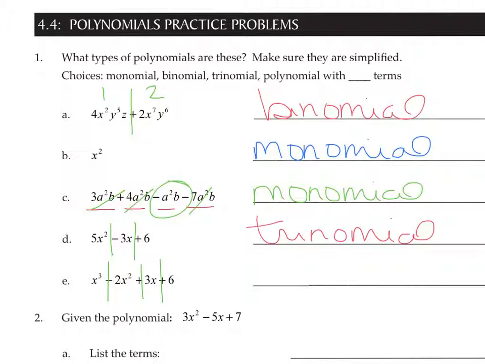This is four terms, so we call this a polynomial. I spelled that wrong. A polynomial with four terms, or a four-term polynomial.